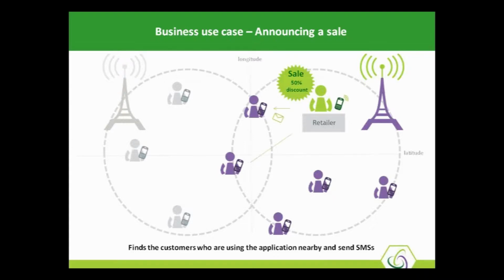In doing that, my target subscribers are the subscribers who are near my retail shop. I don't want to send this promotion alert to someone living in Kandy if my retail shop is in Colombo, because I want to target only the customers who are near my retail shop.